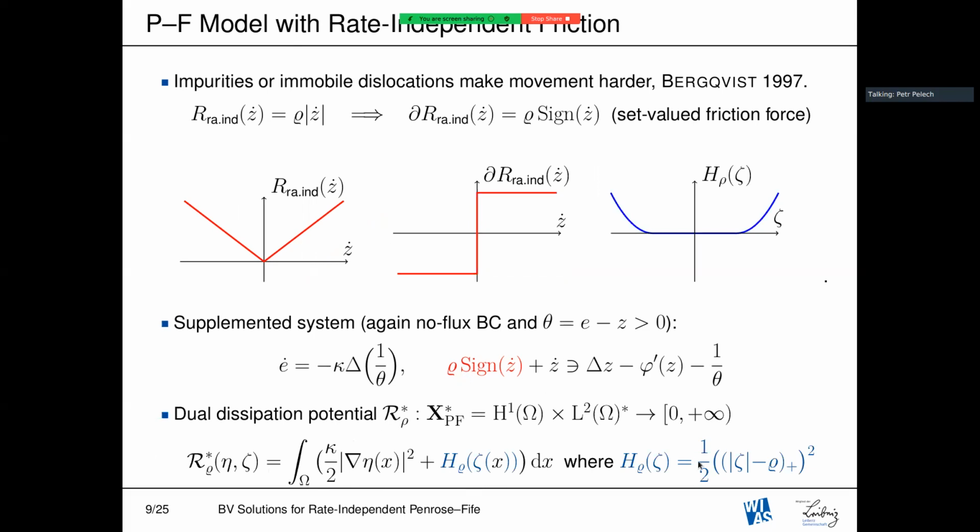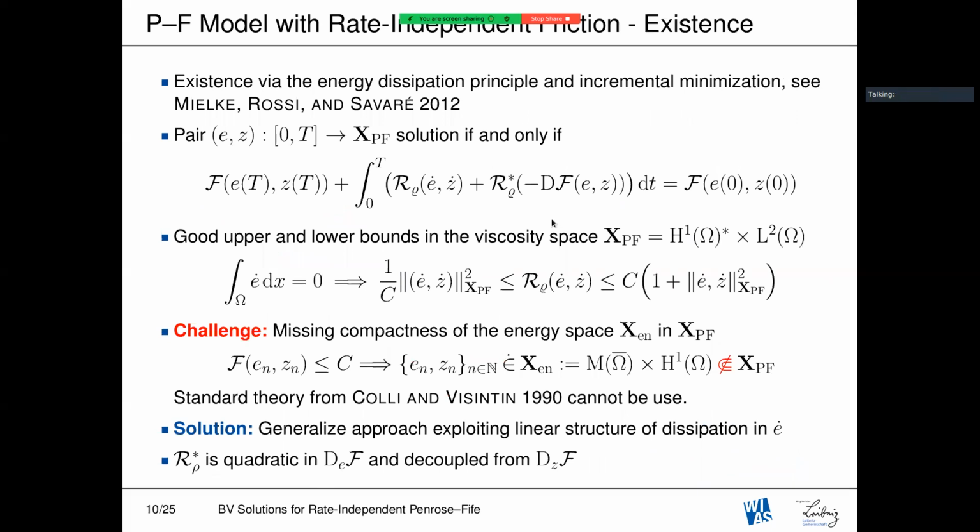The formula is difficult, but it means that until the threshold rho is reached, it's constant zero, and then it grows quadratically. So this is the nonlinear behavior which is included, and this was the system we investigate. So far we've proved existence of solutions.